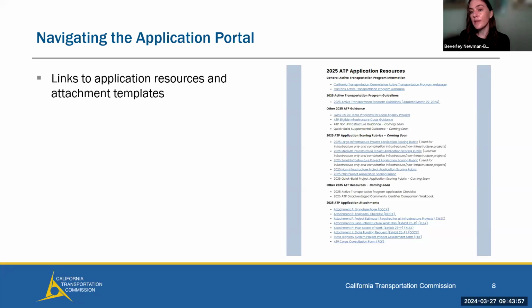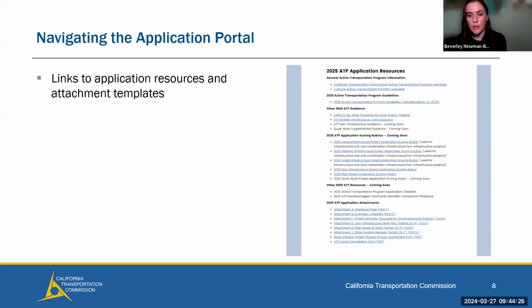Okay, so on the home page for the application portal, there's tons of resources. We're still adding some. You'll see some say coming soon. We have the scoring rubrics up there. We have some supplemental guidance documents. All of the application attachment templates are here, so you can download those here, or a lot of this stuff is actually linked throughout the application as well.